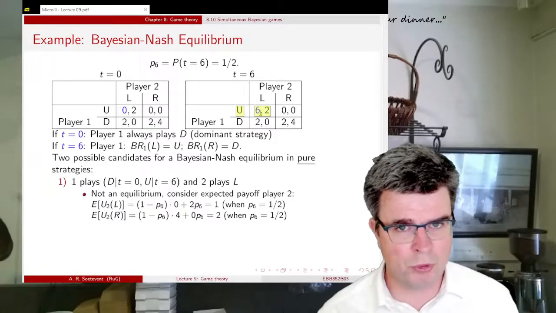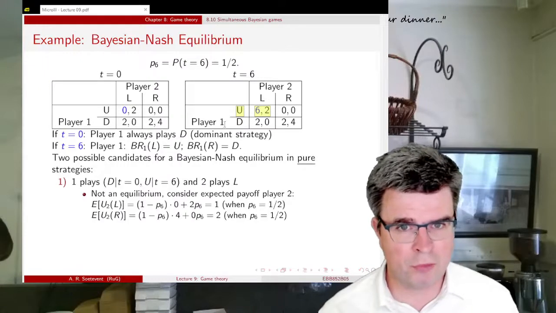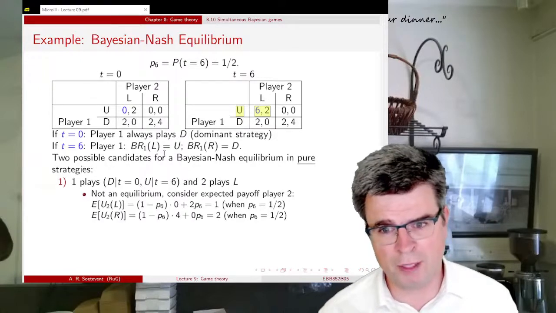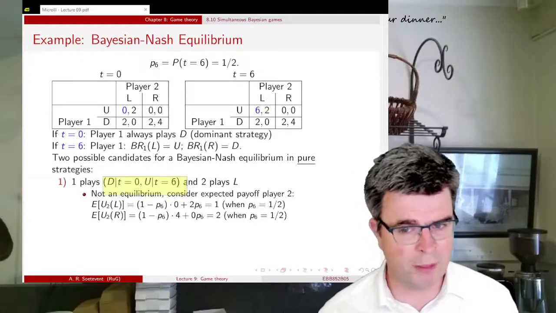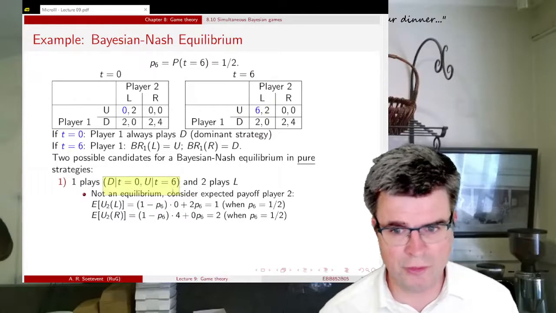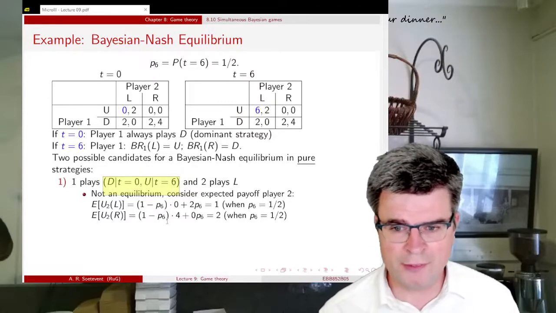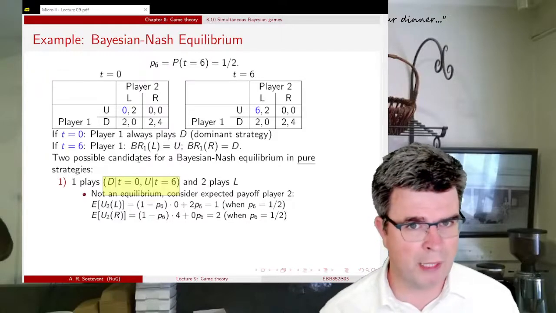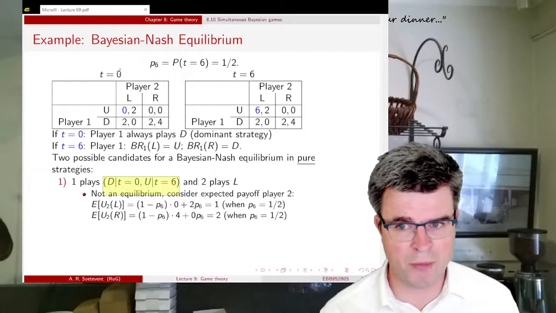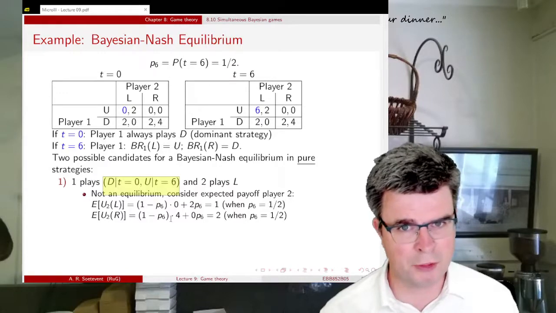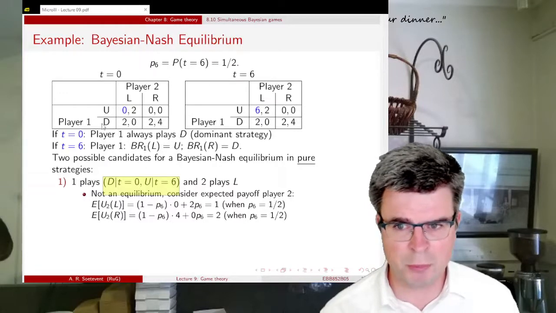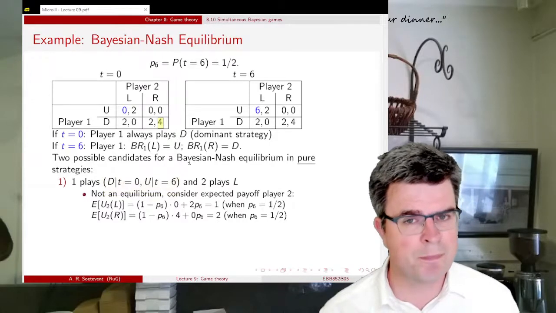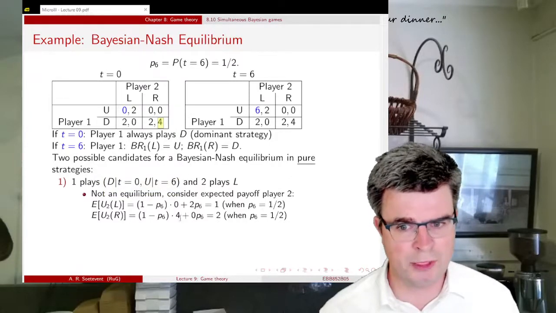Let's compute the expected payoff of player 2 if he plays right, given that player 1's strategy is still unchanged. Well, in that case, he would receive a payoff of 4 if player 1 happens to be of type T is 0, which happens with probability 1 minus P6, because in that case, player 1 plays down, player 2 plays right, and the payoff to player 2 is equal to 4.